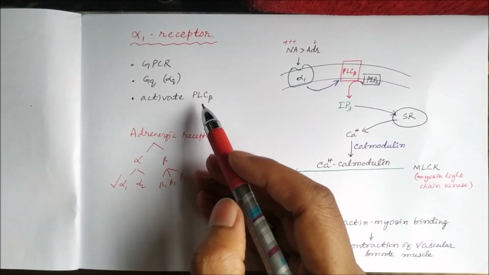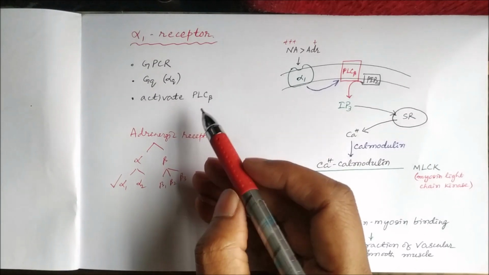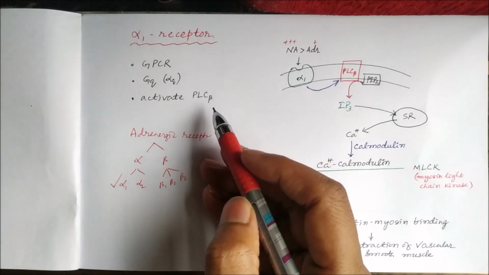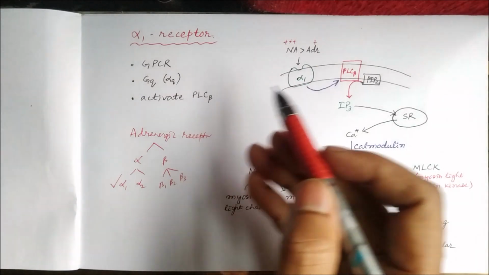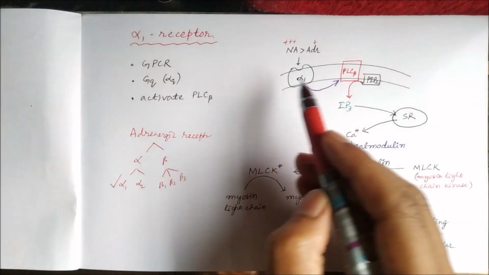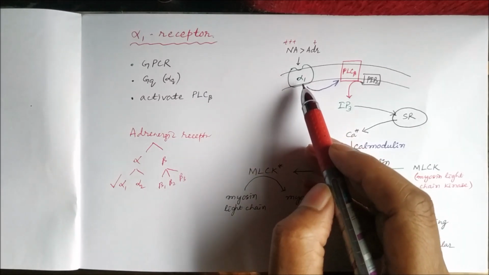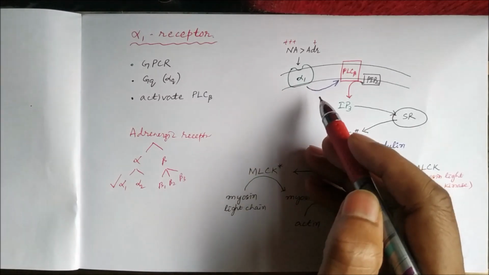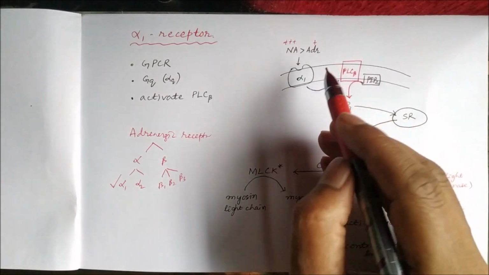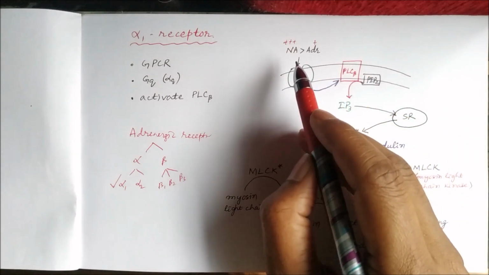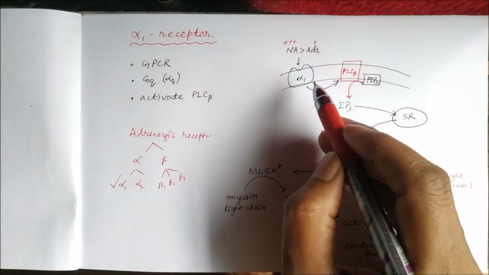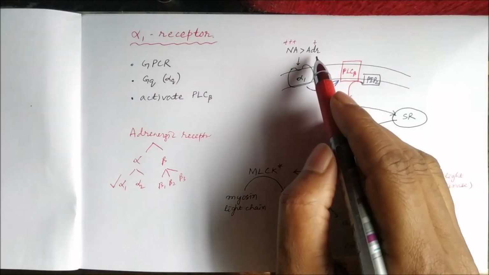The effector here is phospholipase C, and phospholipase C beta is activated when the neurotransmitter or agonist binds to the alpha 1 receptor. The neurotransmitter noradrenaline is more selective to the alpha 1 receptor than adrenaline.